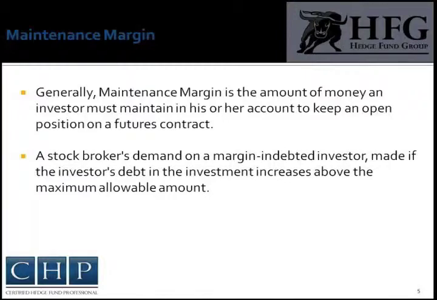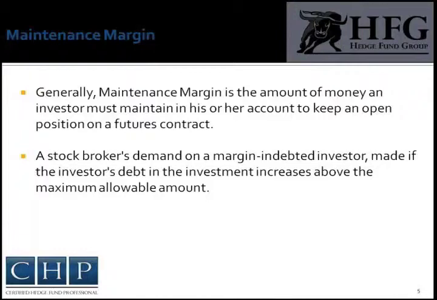Generally, maintenance margin is the amount of money an investor must maintain in his or her account to keep an open position on futures contracts. Should the value of the investor's account fall below the maintenance margin, his or her broker will require a margin call, meaning that you will have to post more money to come back to a level that is considered acceptable.